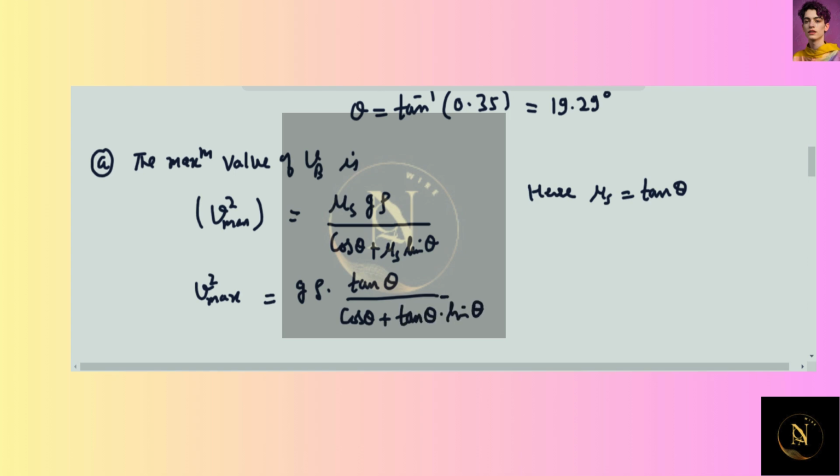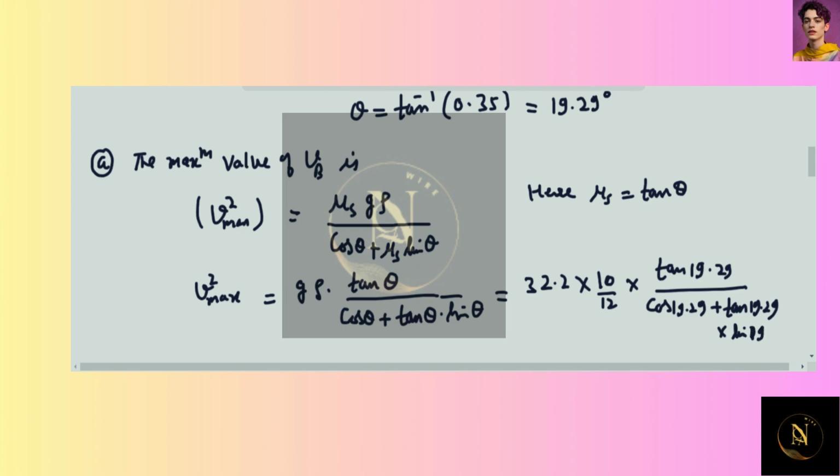Now substituting the value, g is 32.2, rho is given 10 by 12 feet, and tan of 19.29 upon cos of 19.29 plus tan of 19.29 into sin of 19.29.